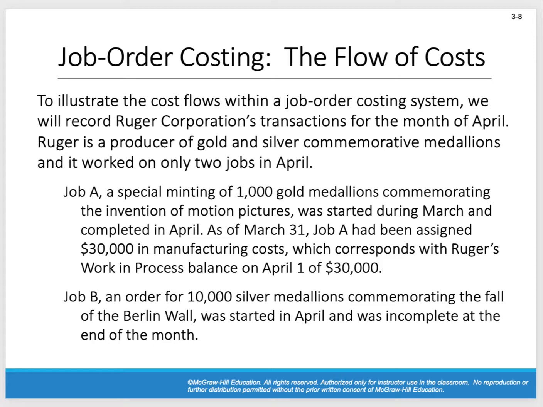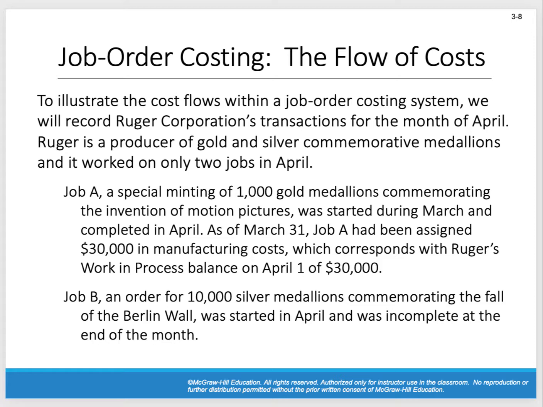Partially completed gold medallion coins. We still need to add direct labor, maybe some more direct material, maybe apply some more manufacturing overhead, right? But the cost of those partially completed units is $30,000.